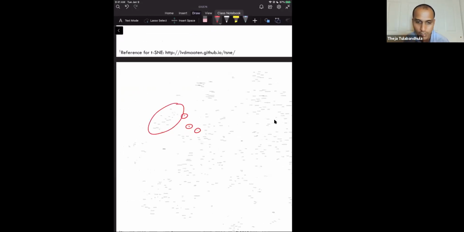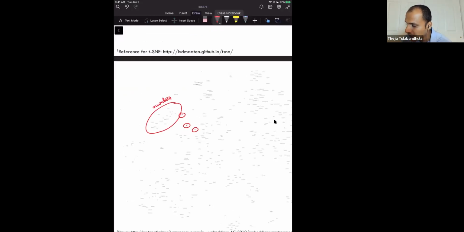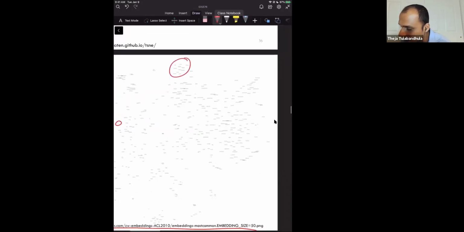If you look at the slides, I have the link on the lecture page. You can see that these, for example, are numbers, and you can look at different regions to see what these words are. If semantically similar words have similar representations in the higher dimension, like in 300 dimensions, they should be close together.